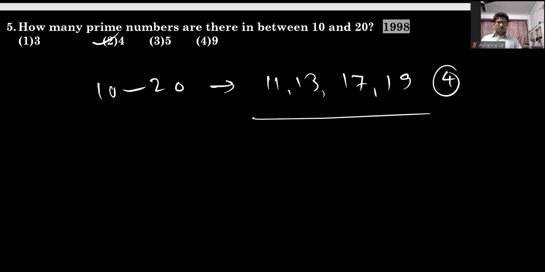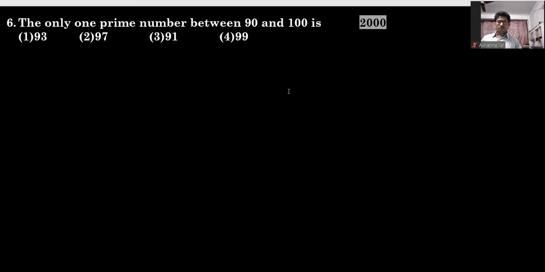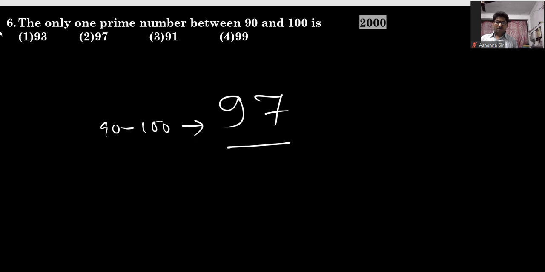Option 2. Sixth, the only one prime number between 90 and 100. So between 90 and 100 is only one prime number, 97. This is the prime number between 90 and 100. Option 2.